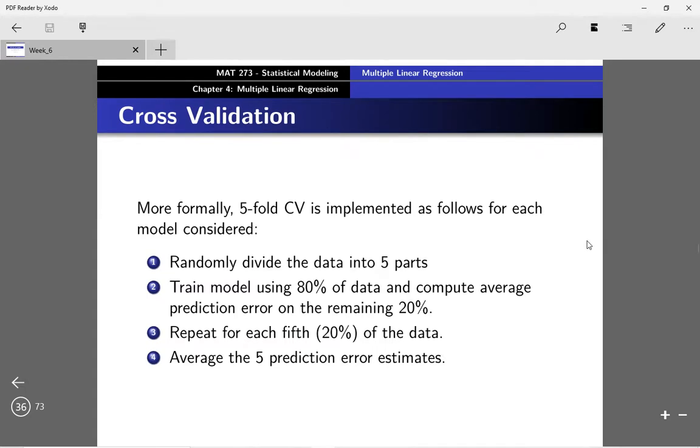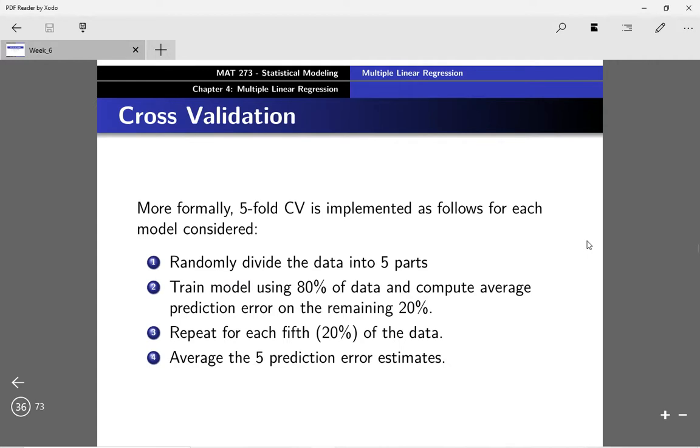Specifically, to proceed using 5-fold cross-validation, we have our full data set, and we begin by randomly dividing that into 5 groups, 5 subsets of the data. They're completely distinct, separate subsets of the data, but together, their union makes the whole complete data set.